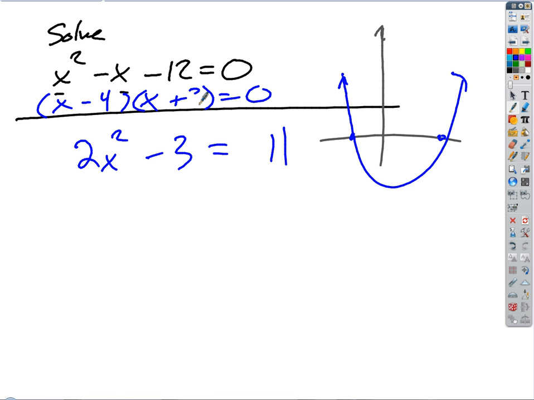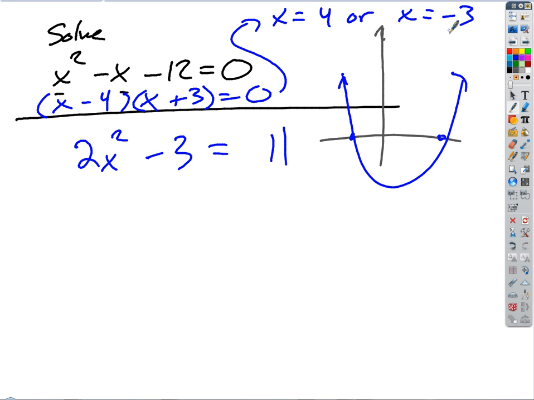Negative 4, positive 3. So our solutions then, I guess I probably should have worked all the way through this problem, so let's just move up here. So our solutions would be what then? x equals positive 4, right? Or x equals negative 3, the zeros of those factors, okay?